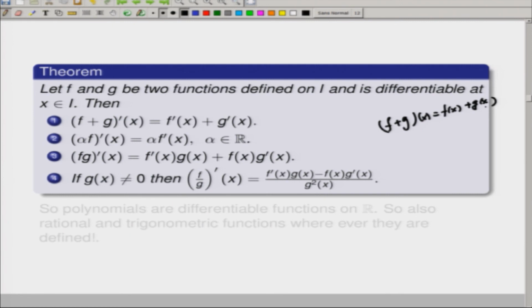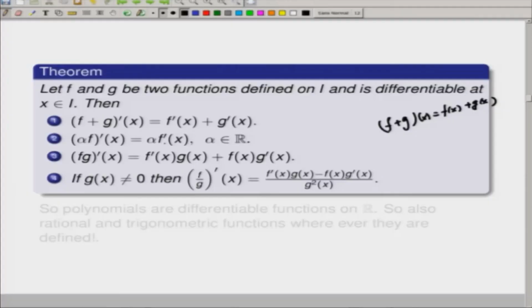Similarly, if we take a scalar alpha and multiply it with f, alpha f is another function. So, if f is differentiable, then alpha f is also differentiable for any alpha belonging to R, and its derivative is alpha times f prime of x.